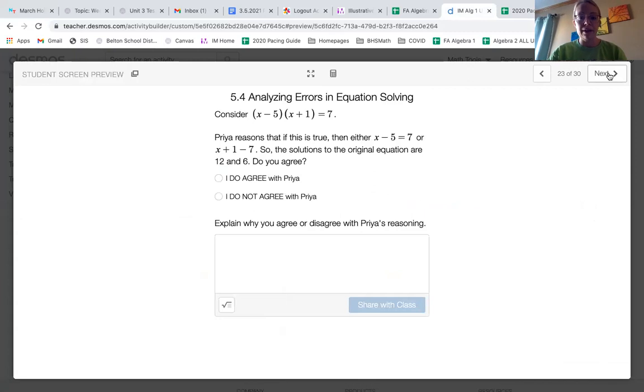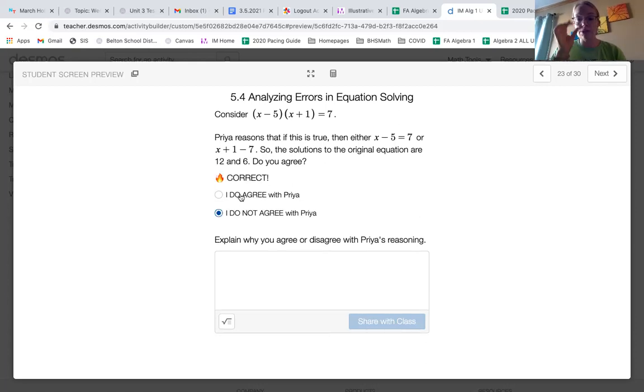Okay. Consider this. Priya reasons: you have (x - 5)(x + 1) = 7. She reasons that if this is true, then either x - 5 = 7 or x + 1 = 7. Okay, this only works with the zero product property. This is not how you do that.